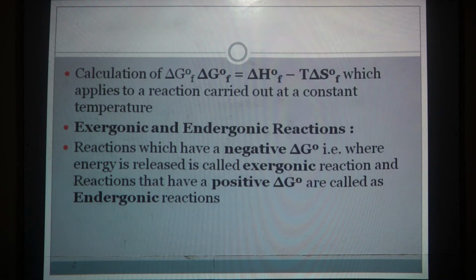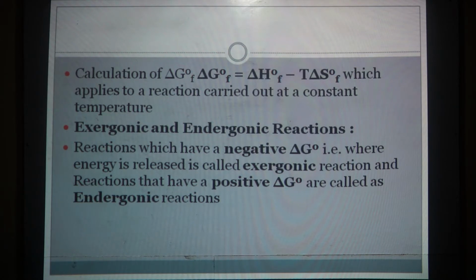Exergonic and endergonic reactions. Earlier they were called exothermic and endothermic. So let us see exergonic reactions.